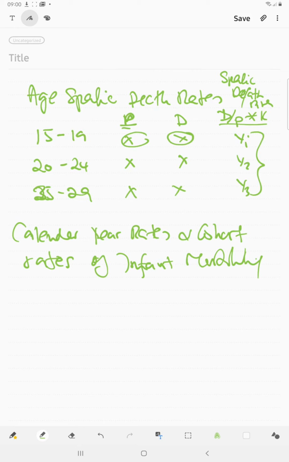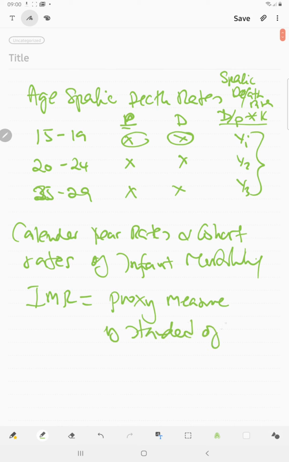Now in most countries, infant mortality rate is a proxy measure of standard of living, because we believe that if children are not dying quite a lot, it means that the population is able to take care of the children, and that particular population is an advanced population.